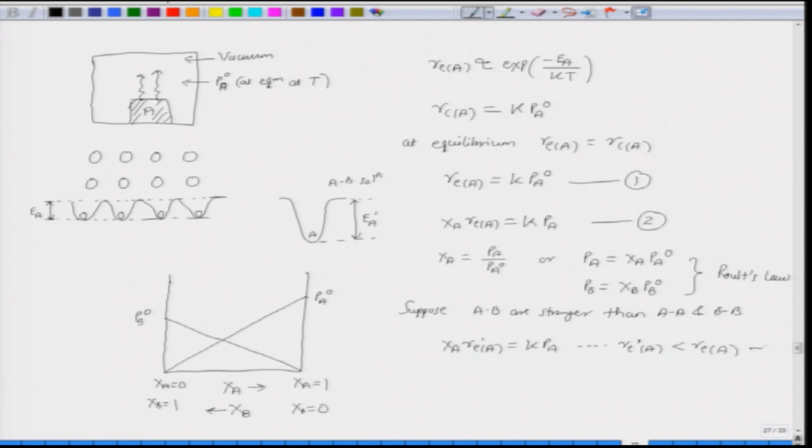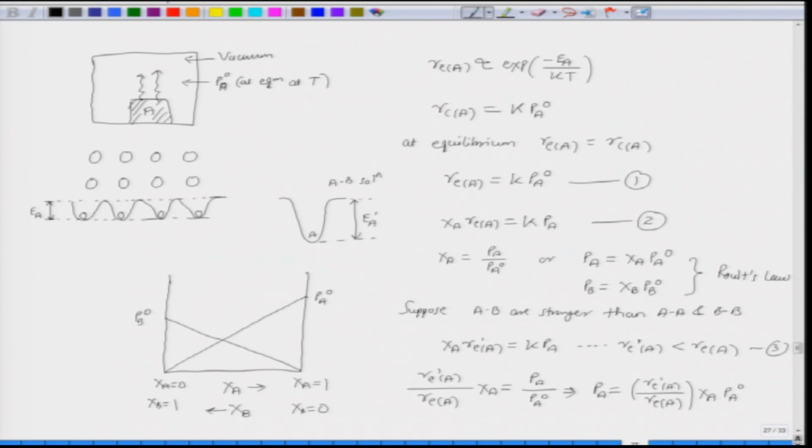So, now if we divide equation 3 by 1, what we get? RE prime A divided by REA times XA is equal to PA over PA0, or PA is equal to RE prime A by REA times XA times PA0.